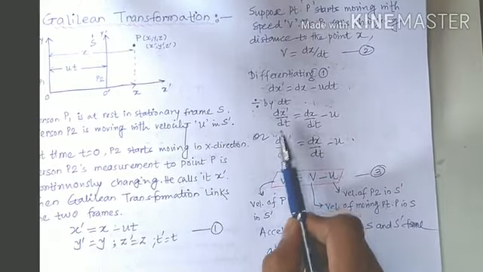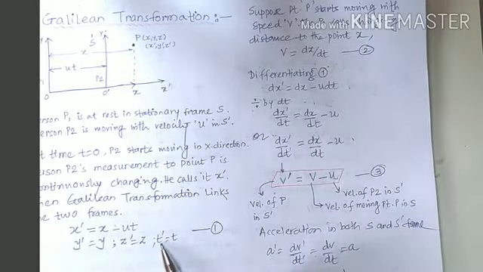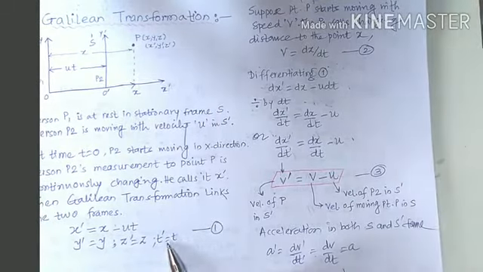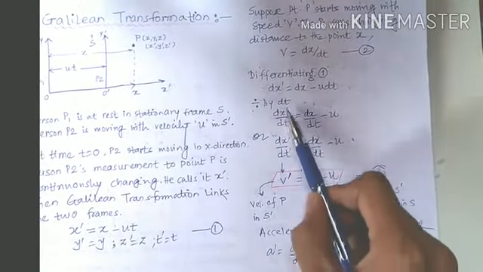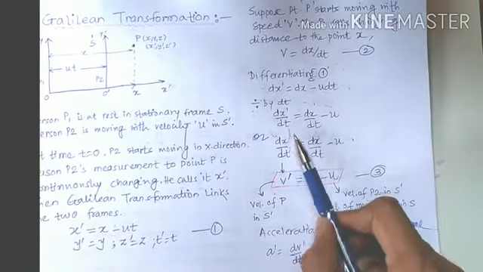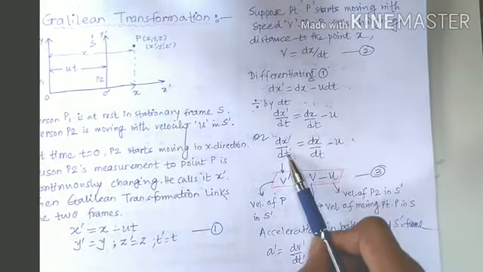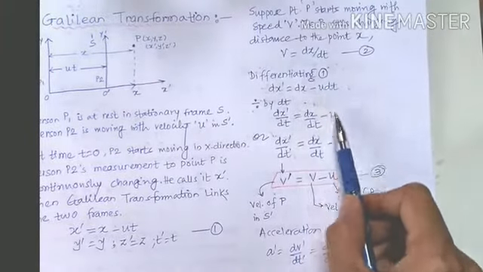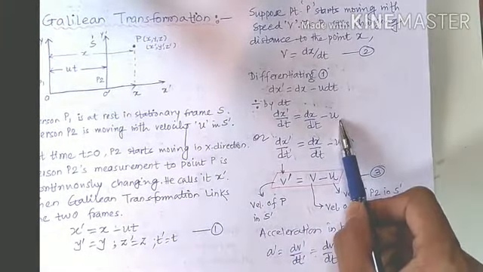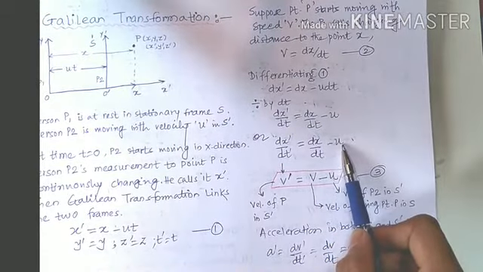As we know that t dash is equal to t, their derivatives dt dash will be equal to dt. So we can change this dx dash by dt to dx dash by dt dash, and on the right hand side dx by dt minus u into dt by dt, dt will cancel, and dx by dt minus u will remain.